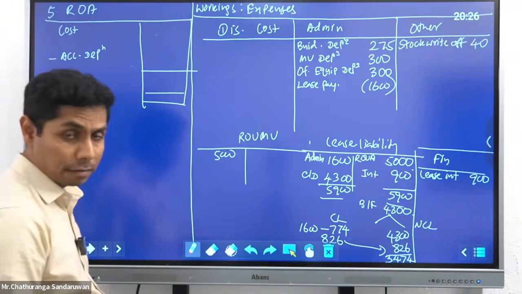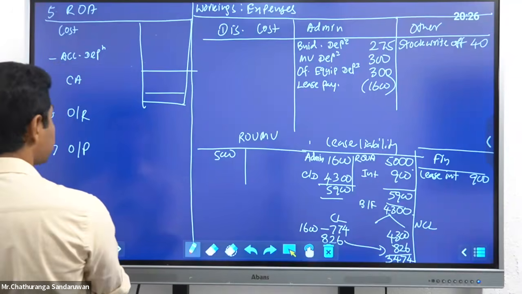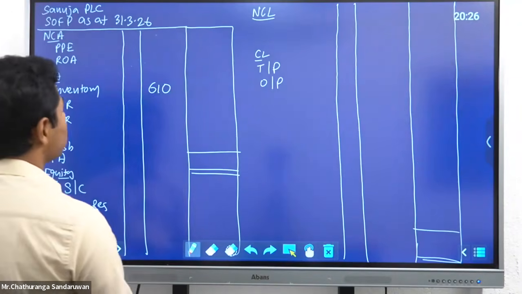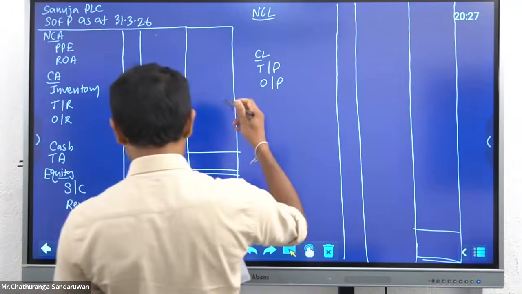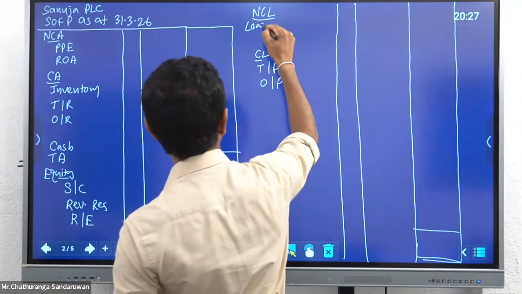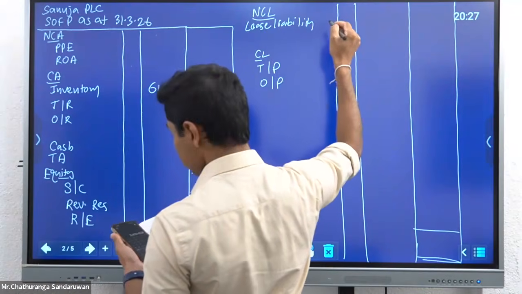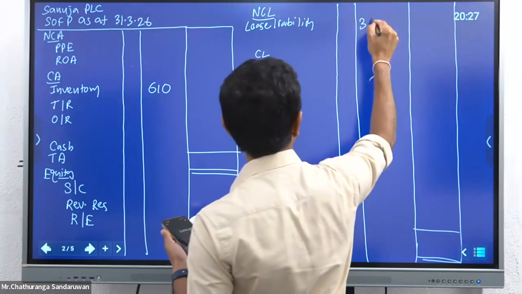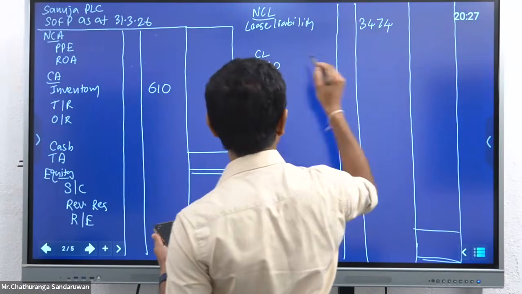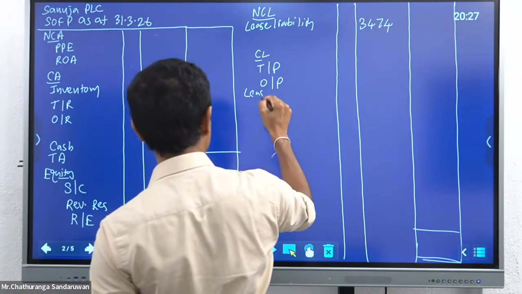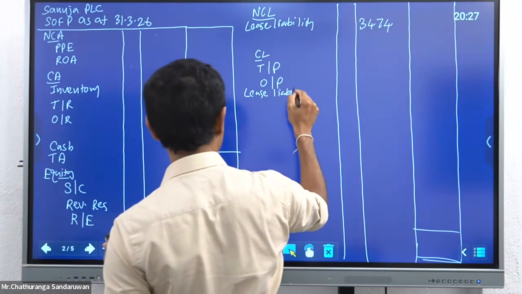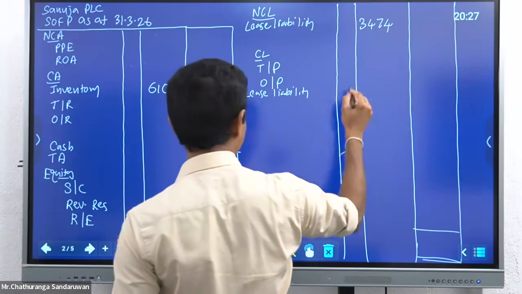Take these two balances to SOFP. Here under non-current liability, write lease liability $3,474. Under current liability, lease liability 826.